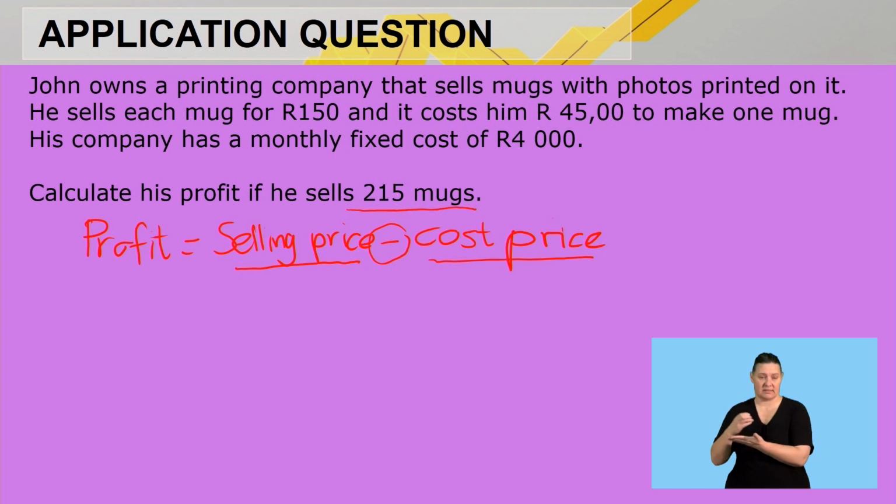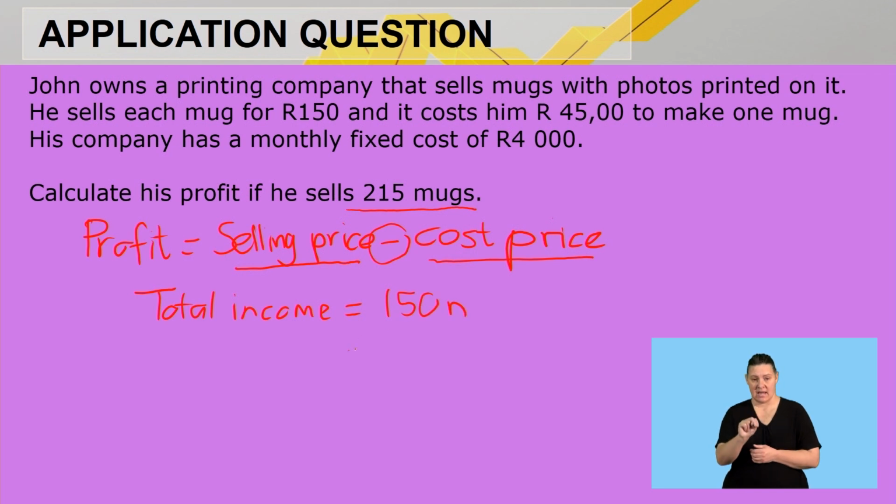215 mugs. So the total income is going to be 150 N. So that is 150 times 215, and that is 32,250.